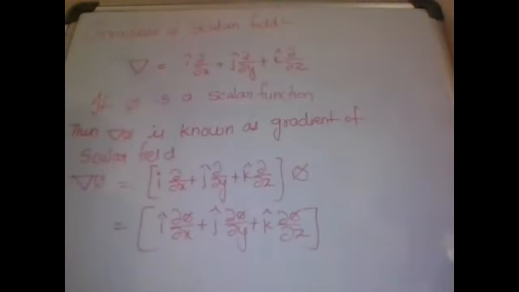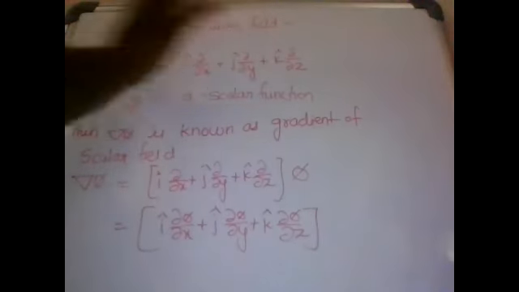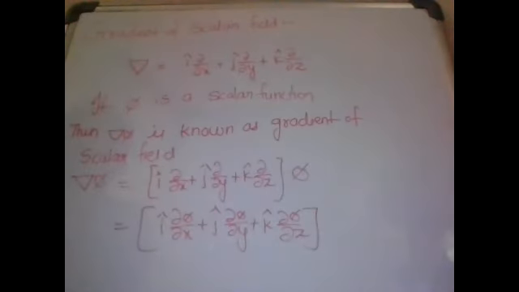This is the gradient of scalar field. So gradient means del operator, where i, j, k are unit vectors along x, y, z directions.